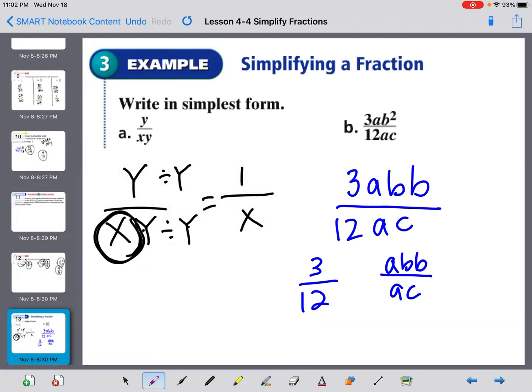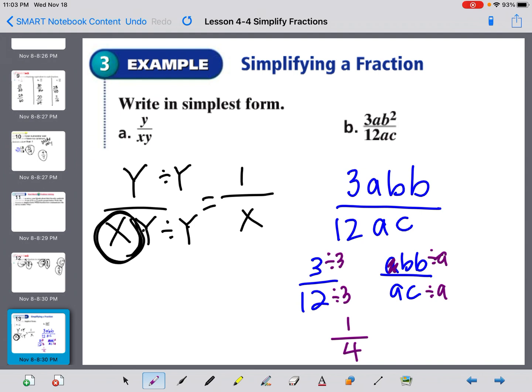Now, 3/12, you probably could simplify before you even got here today. We reviewed it, but you've been doing this for a while, so we know that's going to be 1/4. But that's only half of our problem. What do abb and ac have in common?